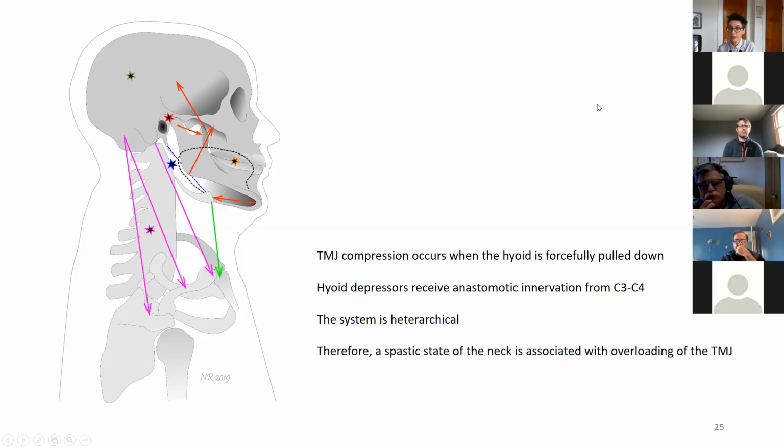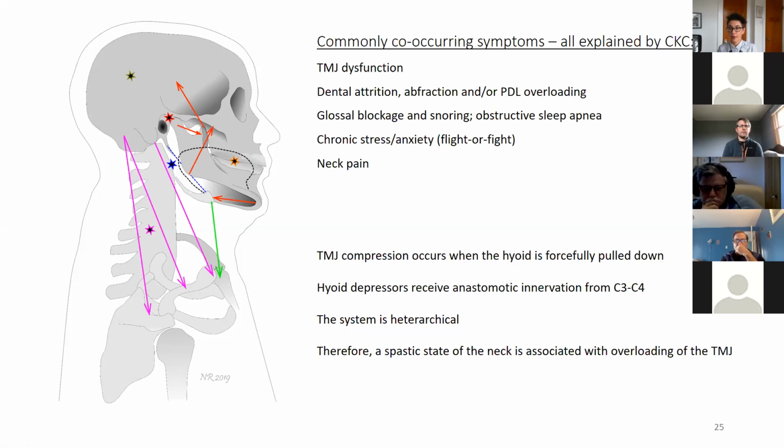And this is the scenario where all the features add up, explained by a closed kinematic chain. Temporomandibular joint dysfunction usually happens together with snoring and obstructive sleep apnea, which is also associated with the backward movement of the mandible and the hyoid. It is associated with the fight or flight response and chronic abnormal tone of the neck muscles.